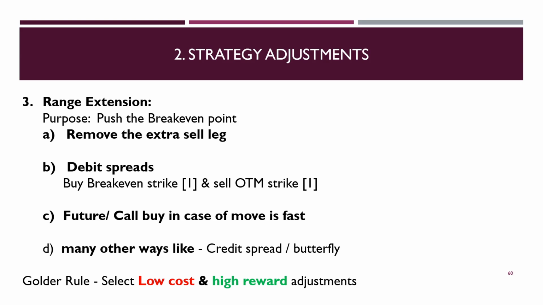Before executing this adjustment, you have to check the payoff graph to assess the impact of the adjustment. The reason is, many times when a stock moves up or down, options become so costly, IVs rise, and we should not buy options at any absurd price. So you put the option or future in your payoff graph and see the impact on the entire payoff graph. What is the impact, and whether it is rewarding or not. Got my point?